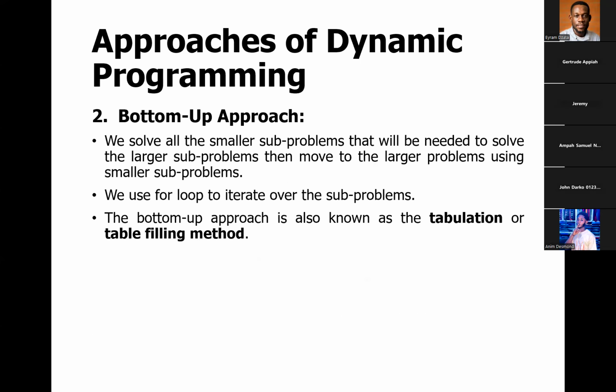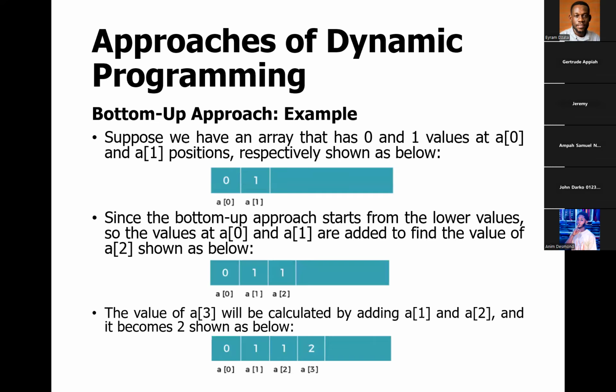So we solve all the smaller sub-problems that will be needed to solve the larger sub-problem, then move to the larger problem using the smaller problems. So we use a for loop to iterate over the sub-problems. And we said the bottom-up approach is also known as the tabulation or table filling method.